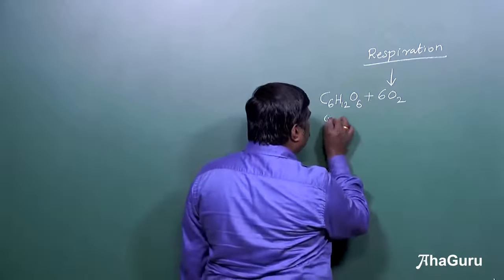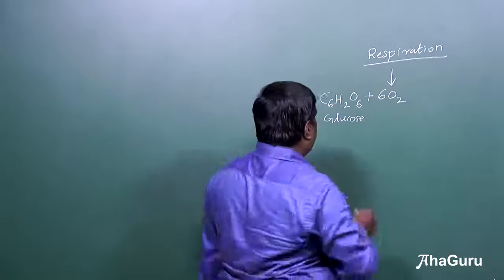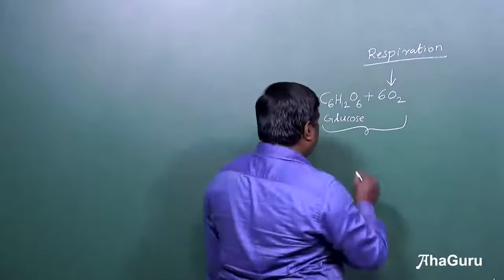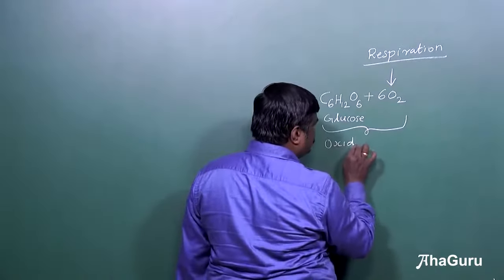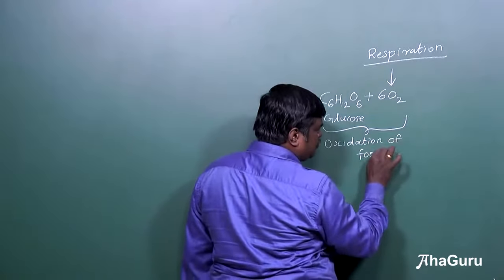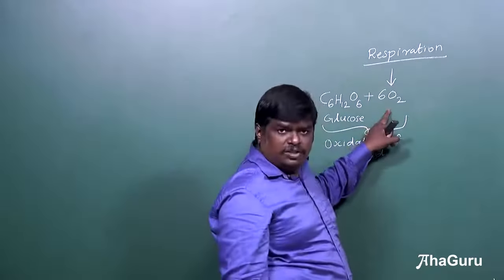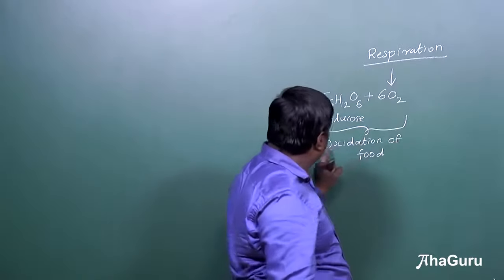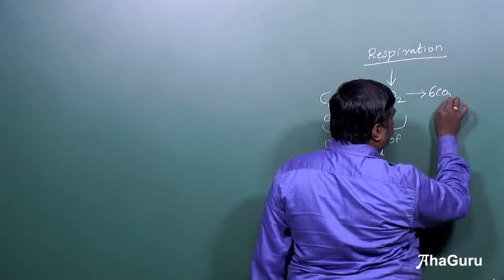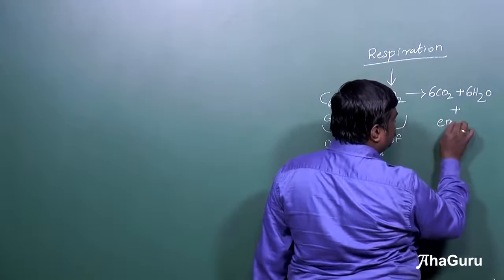We call this process, where oxygen is combined with glucose, oxidation of glucose, or oxidation of food. Oxidation of food produces 6 molecules of carbon dioxide plus 6 molecules of water plus energy.